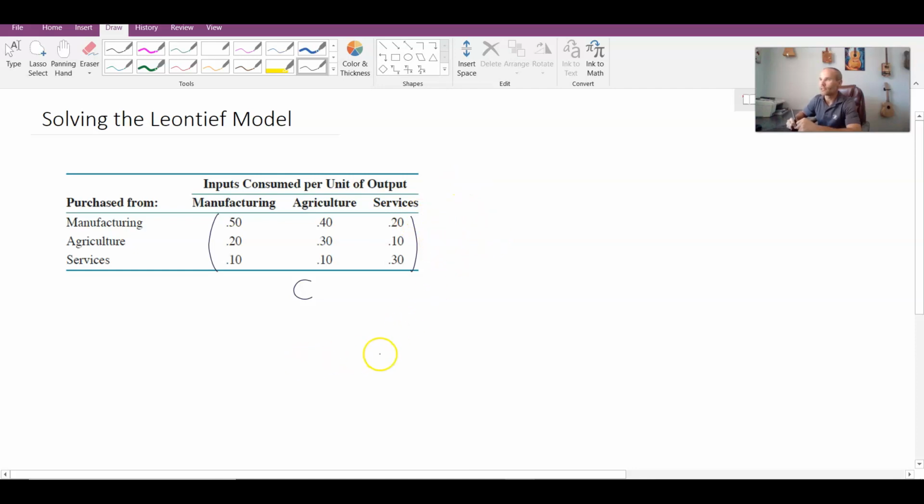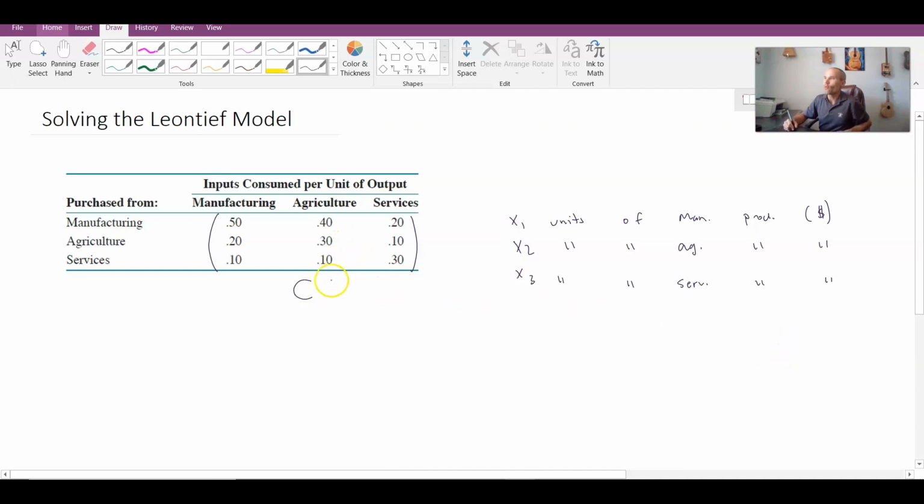Now we've already mentioned that there's going to be X1 units of manufacturing produced. And again, this is typically some sort of dollar amount, or millions of dollars, billions of dollars. X2 will be the units of agriculture produced, measured in dollars. And X3 will be the number of units of services produced, measured in dollars.